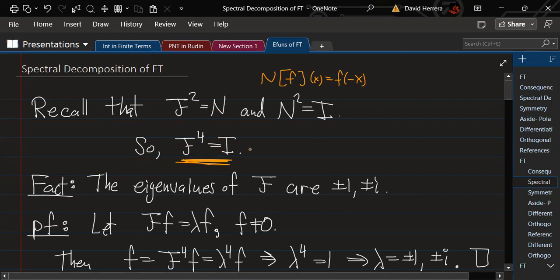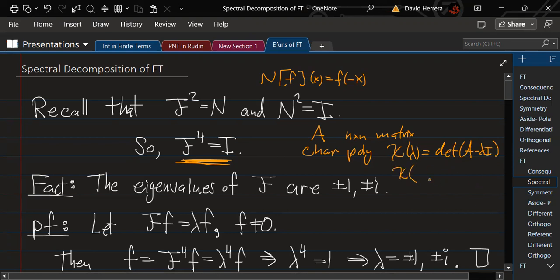Now this turns out to make the Fourier transform act like a matrix, because from matrices you learn that if you have an n by n matrix A, then you have a characteristic polynomial, chi of lambda, which is the determinant of A minus lambda I. And then from the Cayley-Hamilton theorem, chi of A is equal to 0.